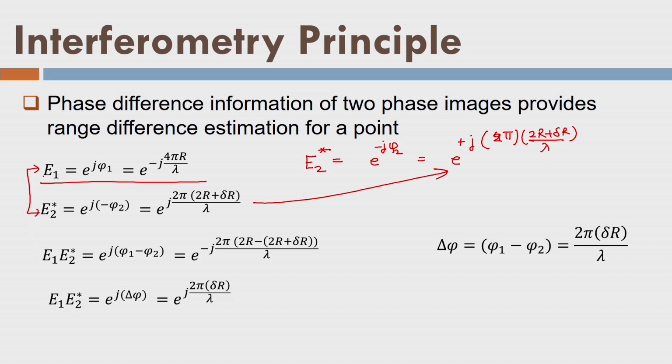Now multiply E1, that is the first complex image of 1 pixel, with the other complex image. If we multiply pixel to pixel, for each pixel I will get this phase difference by simple algebraic sum of the exponentials, and as a result I get this expression where I am cancelling the 2R with this 2R, and then we get this expression.